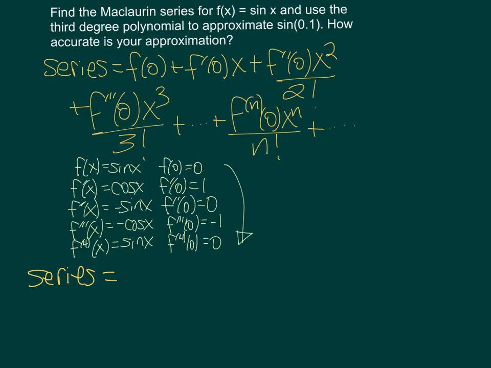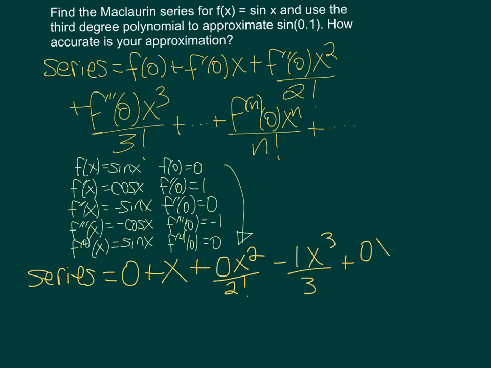So plugging this into the formula for the series, we get that our series is equal to, first term is actually 0, second term just plain old x. Third term is the second derivative, which is 0, and just for completeness, let's put this in so we see where it's coming from, x squared over 2 factorial. The next one is a minus 1, x cubed over 3 factorial.